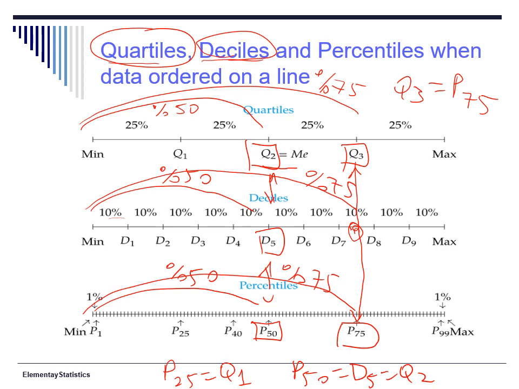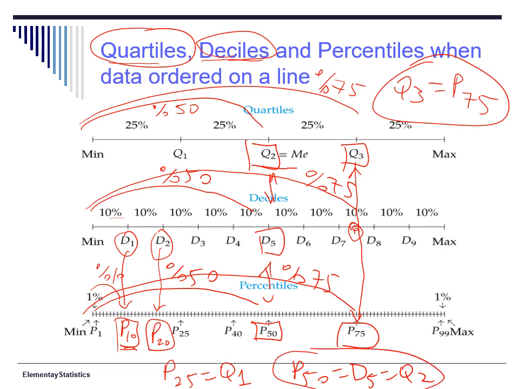You can do this comparison this way. And for sure D1 will be equal to P10, because we have 10% here. D2 will correspond to P20 for sure. You can compare them this way, but these are the main separators of the data.